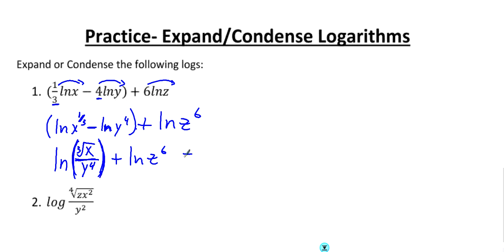And then the last thing we're going to do is, now we have this log and this log with the addition in between them. So we're actually going to put those together using the product property into one logarithm, and it's going to be the cube root of x over y to the 4th times z to the 6th. And that's what you're finished with.